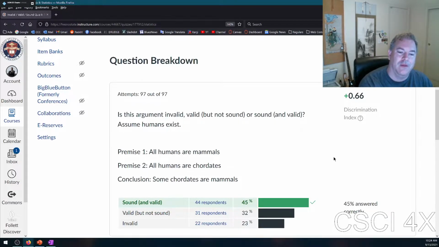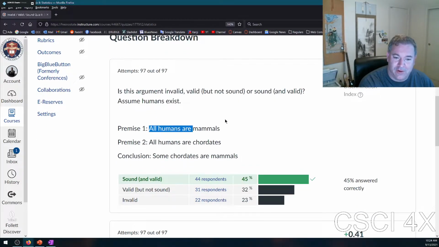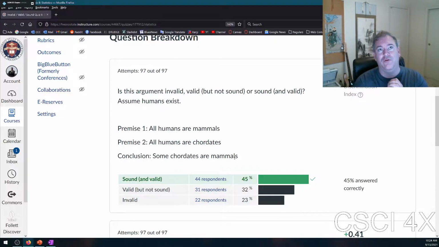Okay. So, all humans are mammals, true. All humans are chordates, true. Some chordates are mammals. And so those of you that said invalid said that you cannot reason from this to this. But think about it, right? If everybody in one group is in another group, and everybody in that group is in a third group, then even though not everybody in that third group is a human, right?